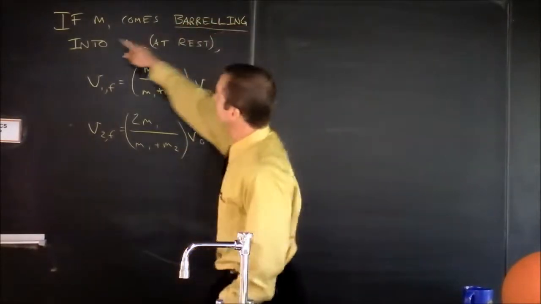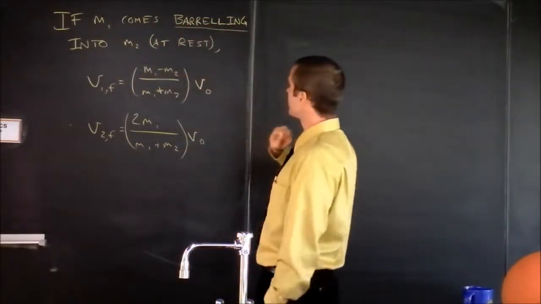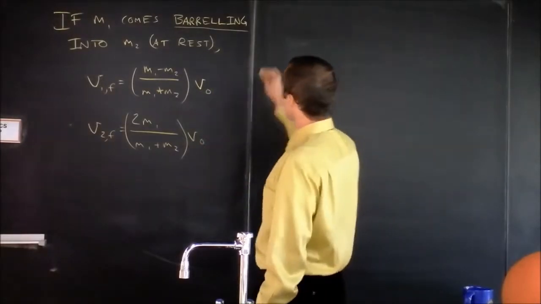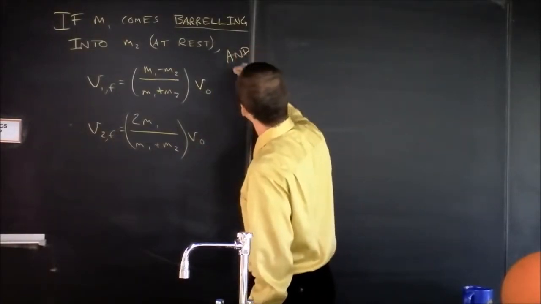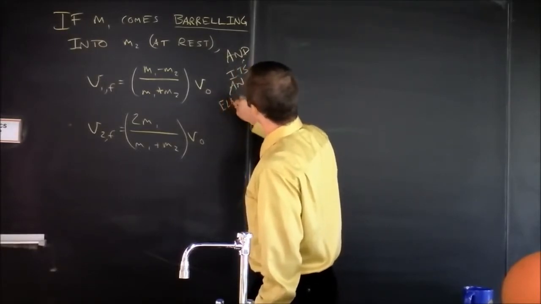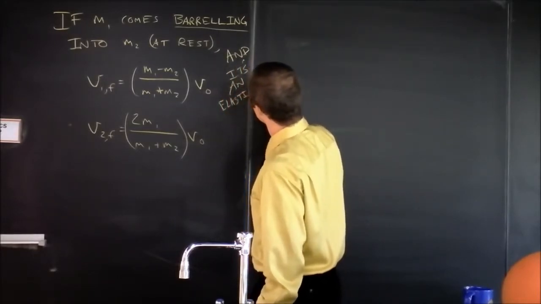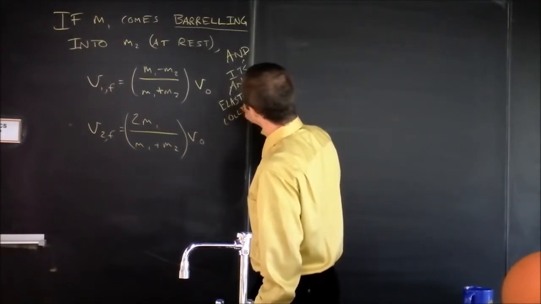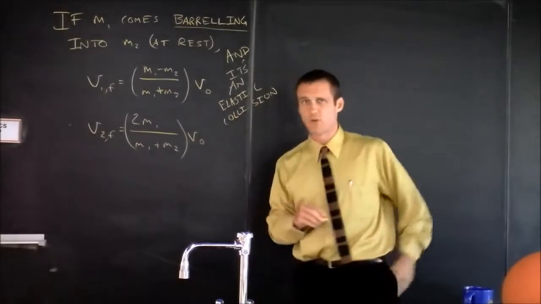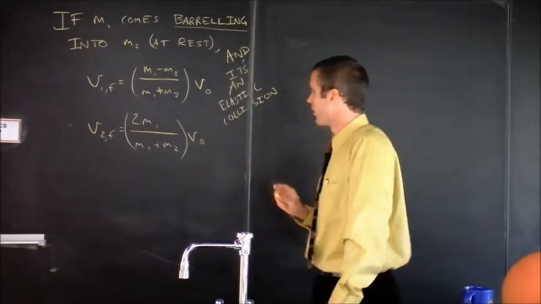Right. So if mass 1 comes barreling in, and I like that verb, I think it's one of my favorite verbs, if mass 1 comes barreling into M2, which is sitting at rest, and it's an elastic collision, elastic collisions are the ones that conserve kinetic energy also.